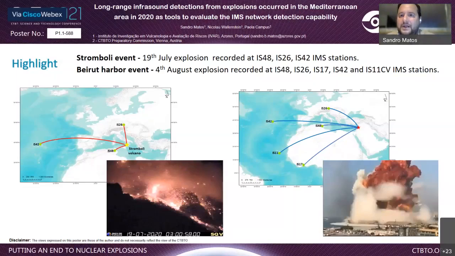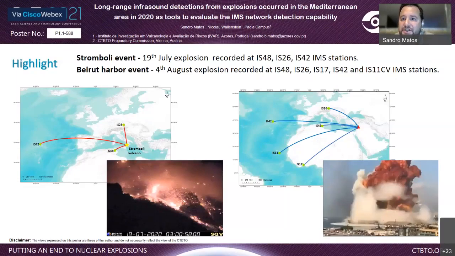The use of ground truth data from natural and man-made atmospheric extreme events offers the opportunity to evaluate the long-range detection capabilities of the IMS infrasound network. In order to verify this capability of the IS42 station and other IMS stations to detect long-range ground truth events, following previous works, this presentation focused on the 2020 event of Stromboli and the 2020 August 4 Beirut City harbor explosion.